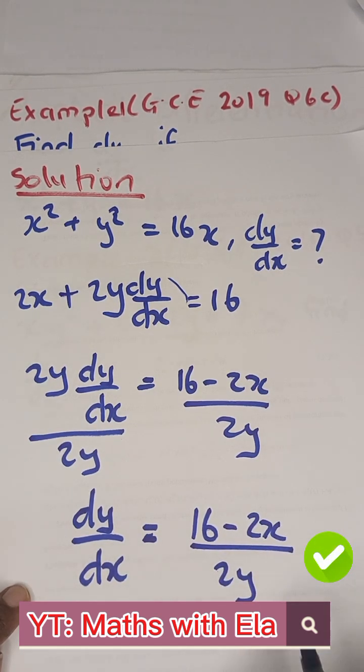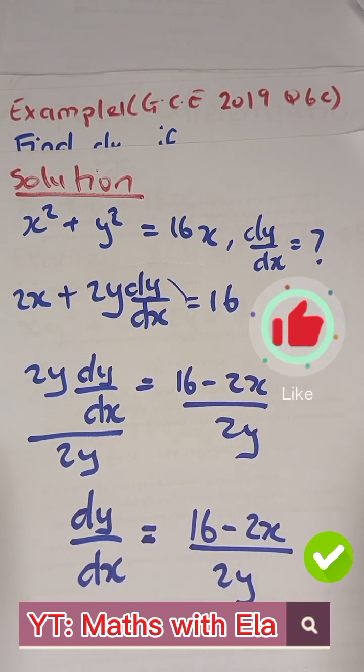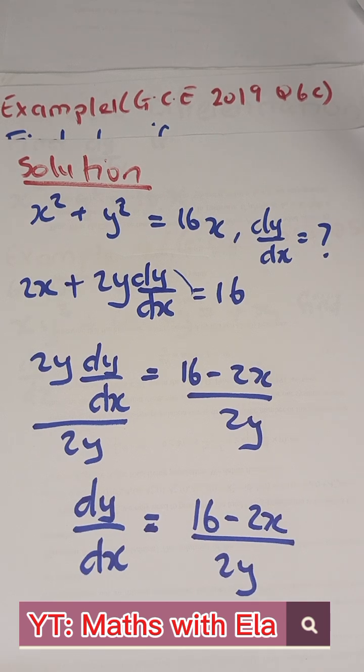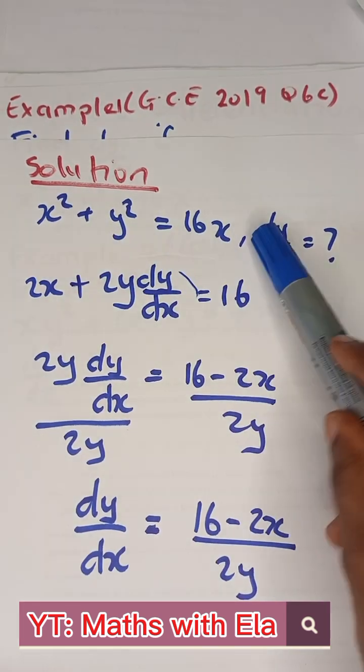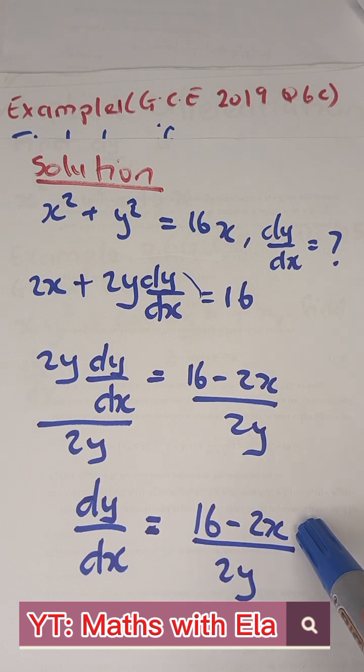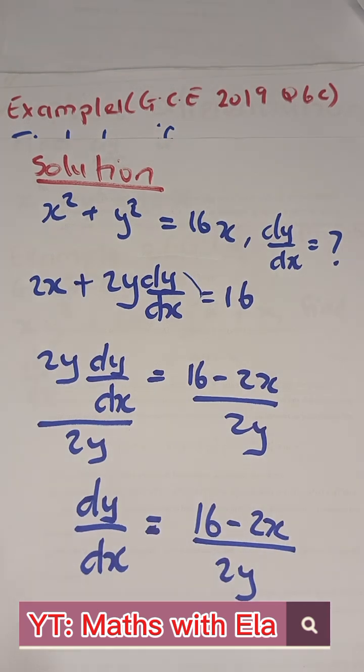And that gives us what was expected of the derivative of the function x squared plus y squared equals 16x. This is an implicit function, and applying implicit differentiation, this is the answer that we obtain.